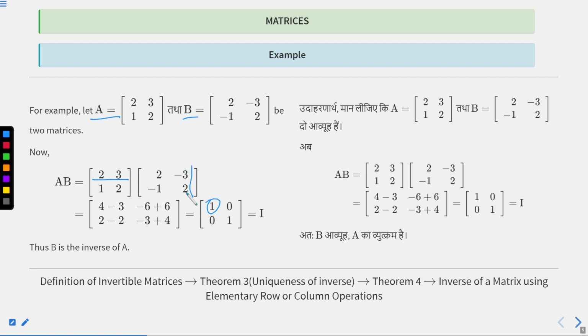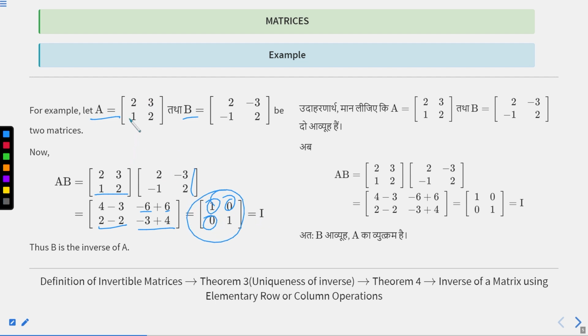Now multiply with the next column: 2 times minus 3 is minus 6, plus 6, this will be 0. Now the second row: 1 times 2 minus 2, 0. Now minus 3 and 4 will give you 1. So this is your identity matrix.